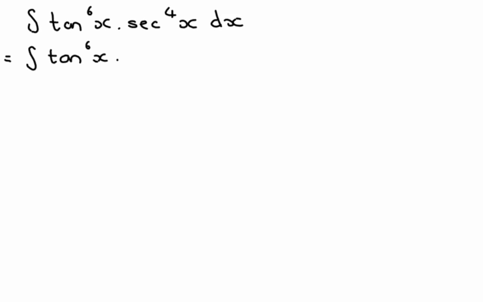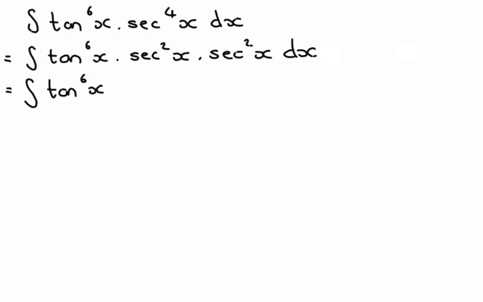Now sec to the power of 4x is just sec squared x times sec squared x. So we use our identity, which says sec squared x is equal to 1 plus tan squared x. So I'm going to change it to 1 plus tan squared x, and there's my other sec squared x with respect to x.